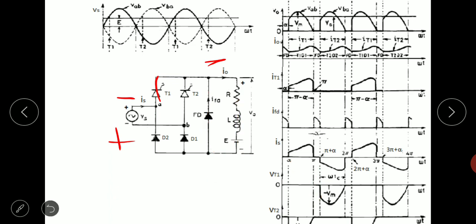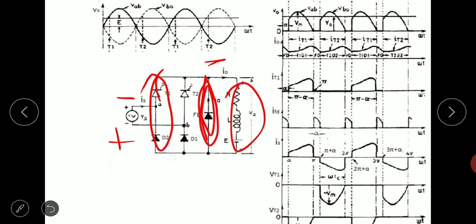Since the freewheeling action is taking place, the total voltage is 0, and since V naught is 0, this whole leg will also have 0 voltage. So T1 D2 and T2 D1 will also have 0 voltage. Hence VT1 is 0.